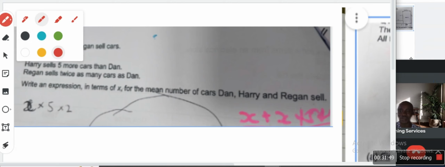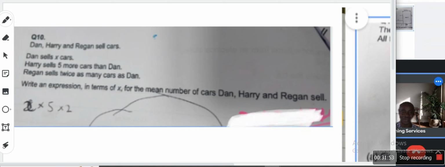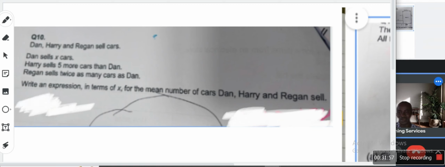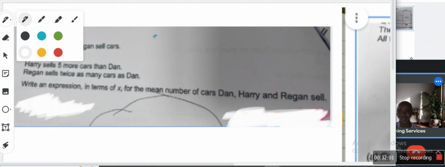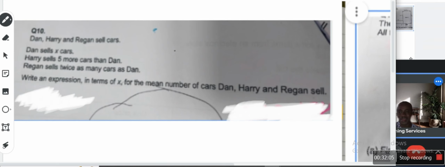Let me remove this so that you don't get prompted. Your previous work, I'm going to remove it. So you see, Dan sells X cars. Harry sells 5 more cars than Dan.